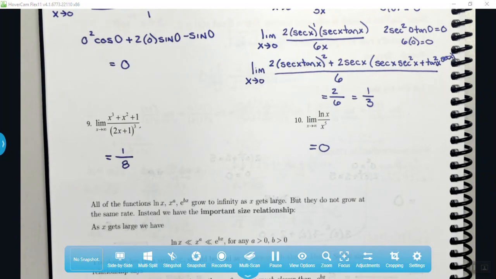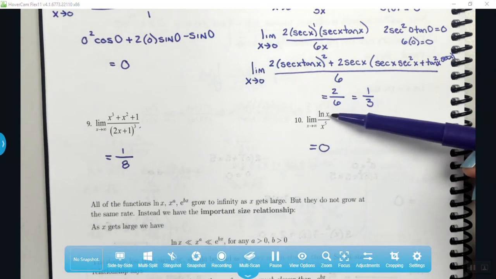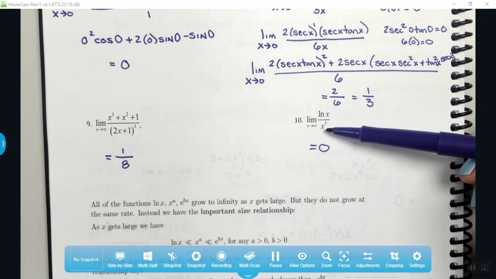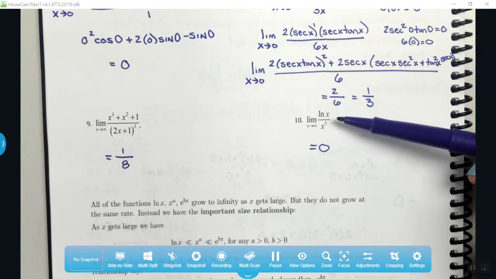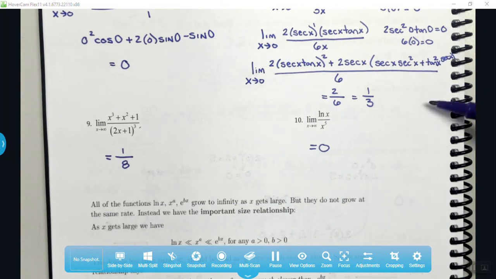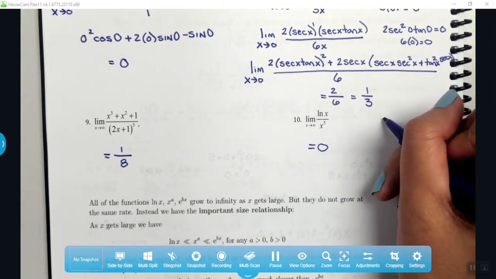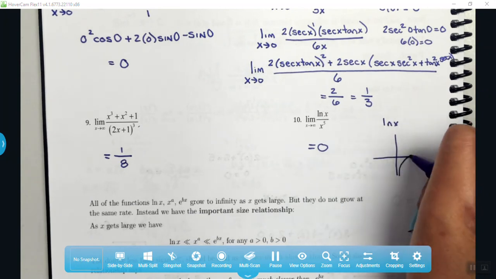And then for 10, the top is smaller than the bottom. X to the 5th goes to infinity faster than natural log x. If you don't know which one does, think about the graphs. The graph of x to the 5th goes to infinity, but the graph of natural log x looks like this.